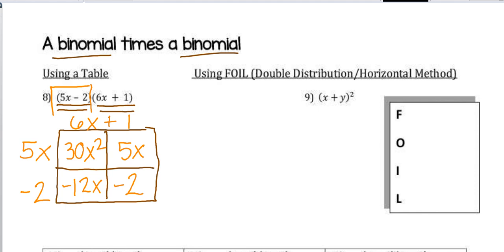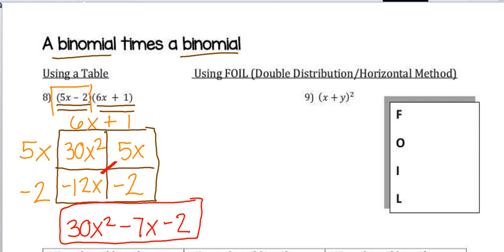And now you have to combine like terms for your final answer. So I see I can put my -12x and my 5x together. So I have 30x squared minus 7x minus 2 for my final answer. So fun fact, a binomial times a binomial is like 95% of the time going to give you a trinomial.